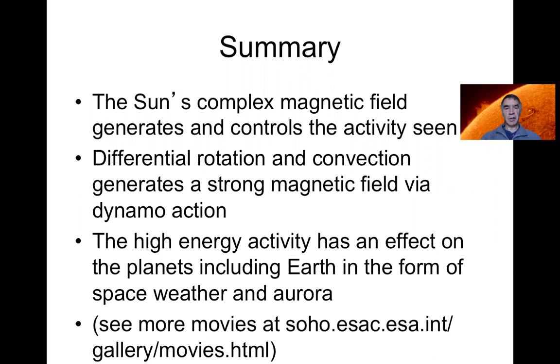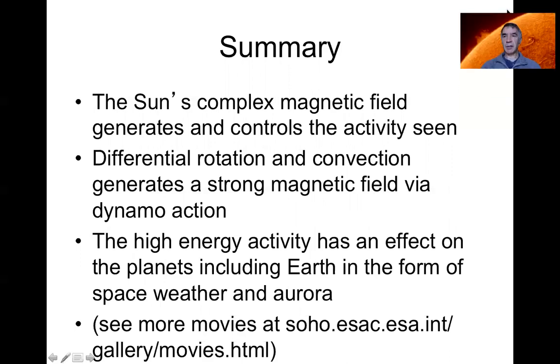The corona generates very high energy activity. Again, it's not really part of the module so much, but you can read a little bit about it if you like. You get these so-called solar flares.